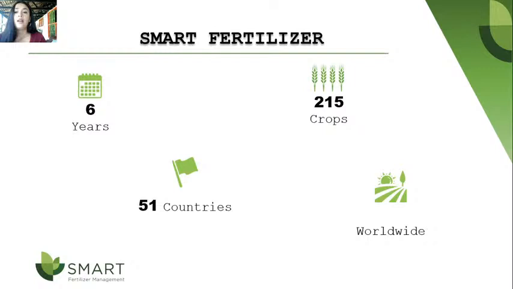Smart has already been working for 6 years with customers around the world. We have in our database 215 crops, and currently we are working in 51 countries, but as I told you, our software works worldwide. The only thing you need is access to the internet.